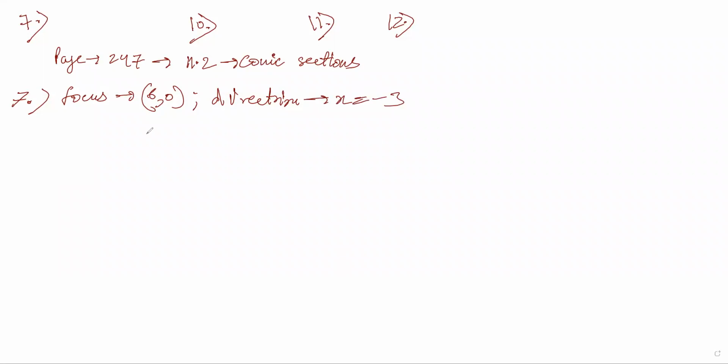So you have to write the equation of the parabola, and you have been given the focus and directrix of the same parabola. Can you tell me, using this information, how you can find the equation of the parabola?